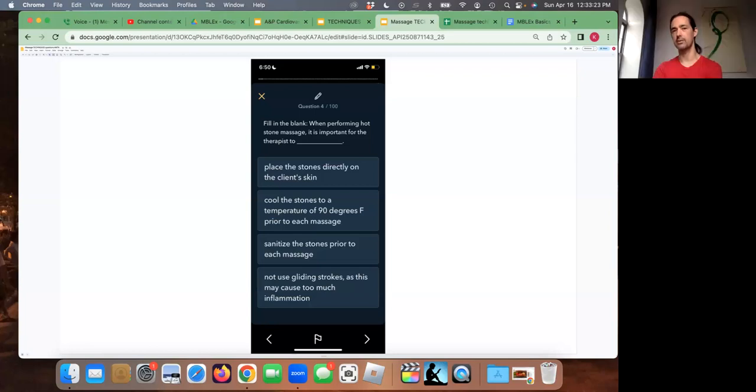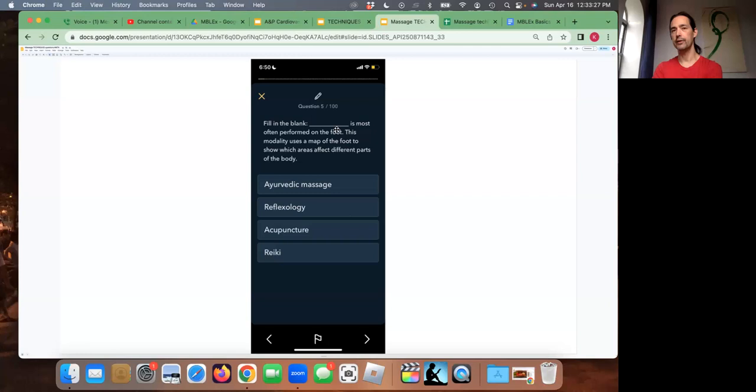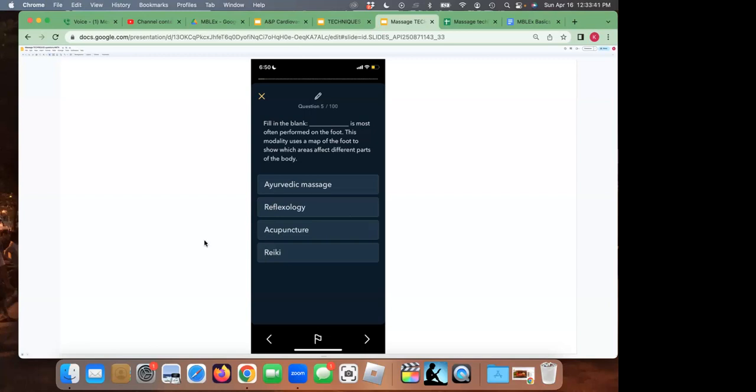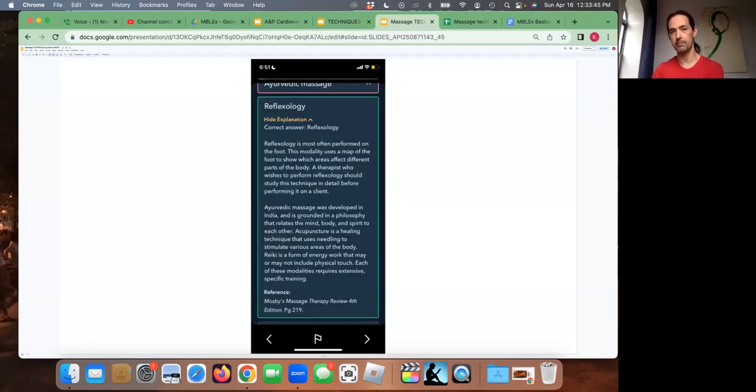That's right. Fill in the blank. Ayurvedic massage is most often performed on the foot. This modality uses a map of the foot to show which areas affect different parts of the body: reflexology, or acupuncture, or Reiki. Reflexology. We have a consensus. Awesome.